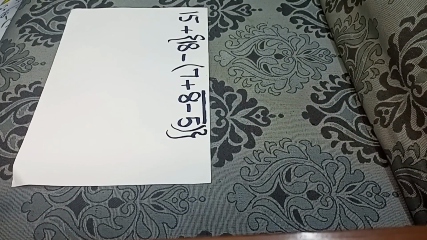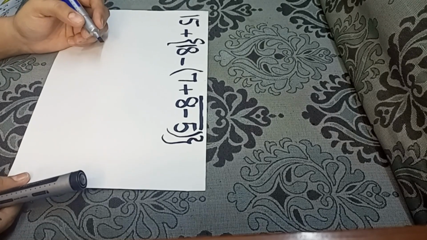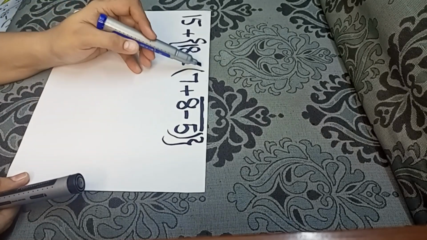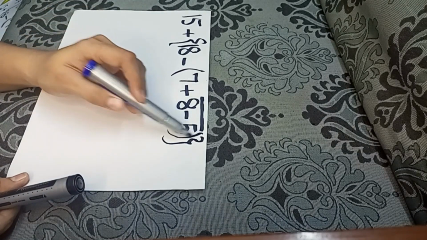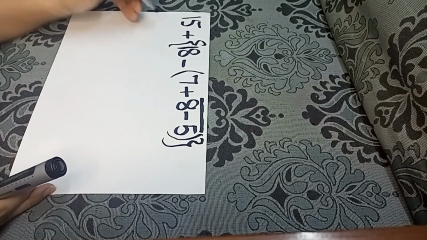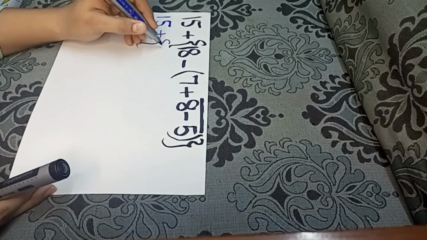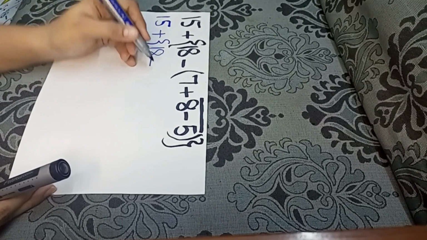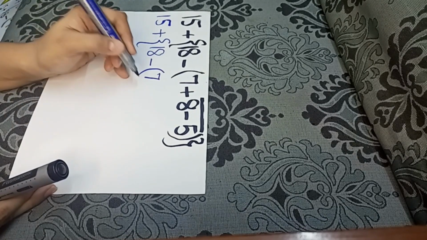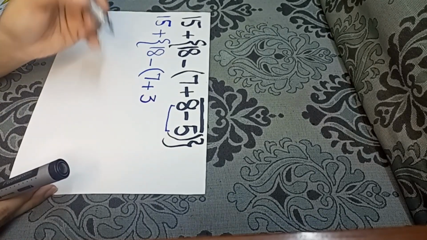Let's understand BODMAS with one more example. Let's understand the brackets with this example. We have this equation with the bar bracket, the common bracket, which is also known as small bracket, and the curly bracket. So first of all, we need to solve this bar bracket. Copy the remaining numbers as they are. Here, 8 minus 5 is 3.